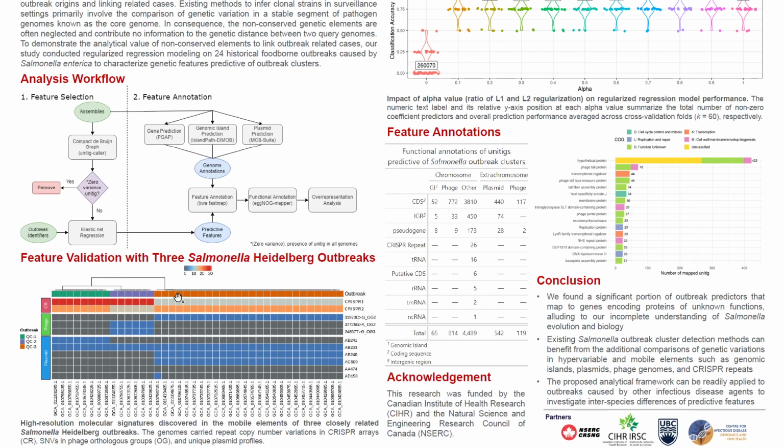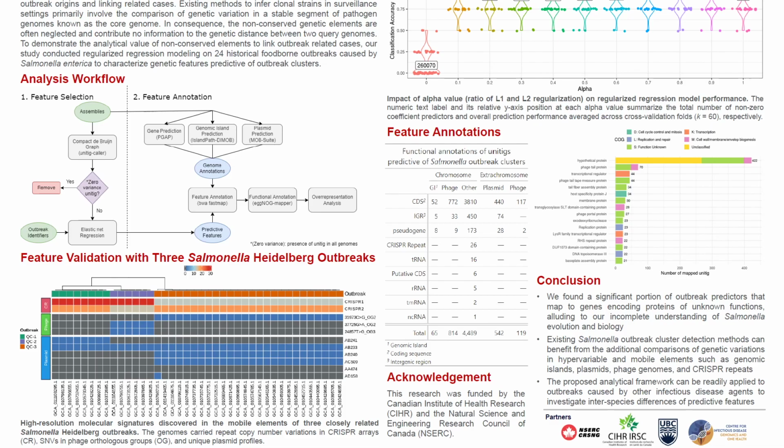And so indeed we do end up finding unique molecular signatures in these mobile elements, including CRISPR arrays, phage elements, and plasmids. And specifically, we found that repeat copy number variations in the CRISPR arrays, single nucleotide variants in the phage elements, as well as a unique set of plasmids carried by these genomes, can be used to differentiate these 3 different outbreaks.